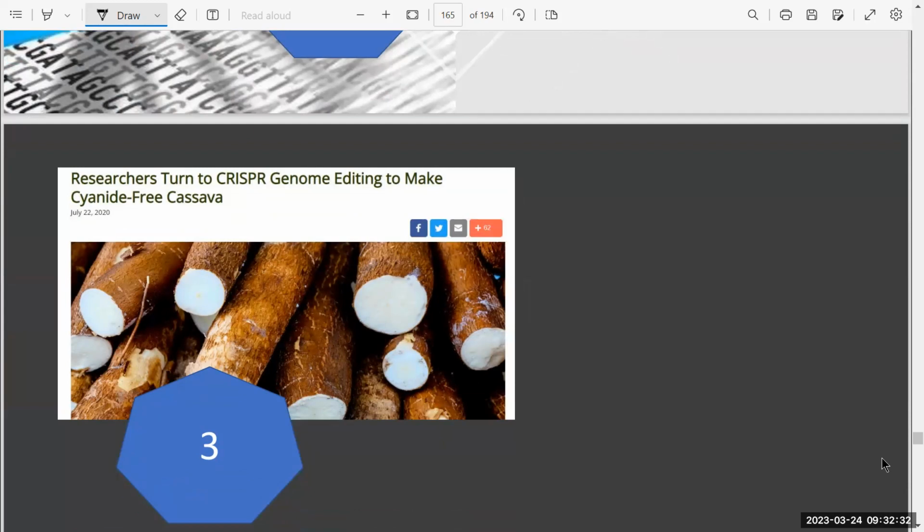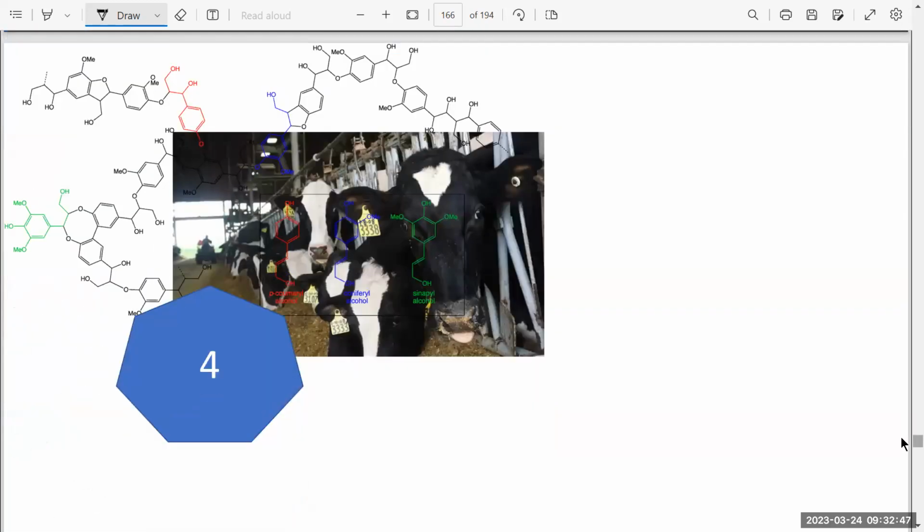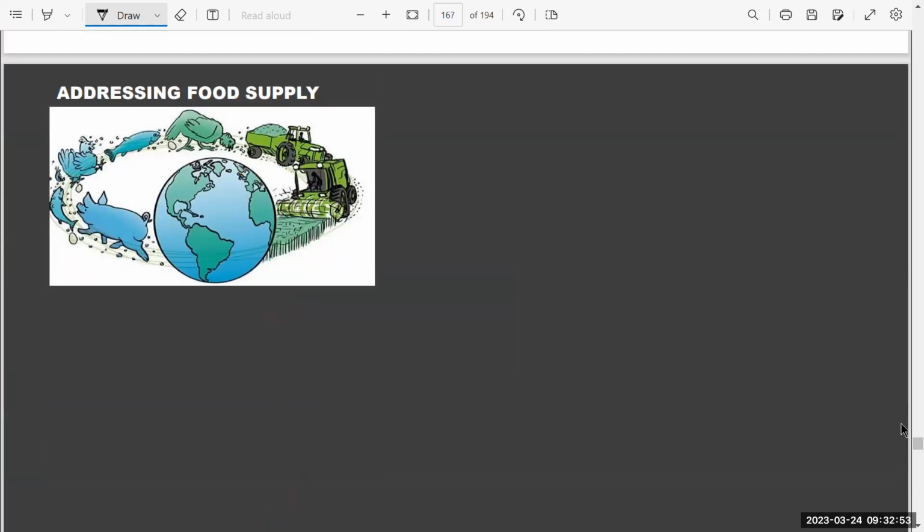We can also reduce the toxicity of the food. So last week we discussed yield increase, number one, and quality increase. We can also reduce the toxicities, and we can also increase the digestibility of the food.